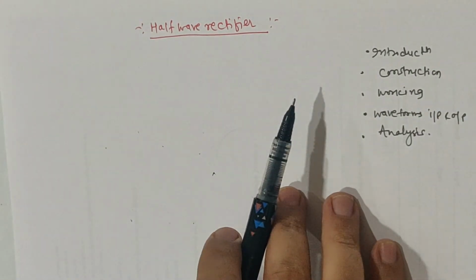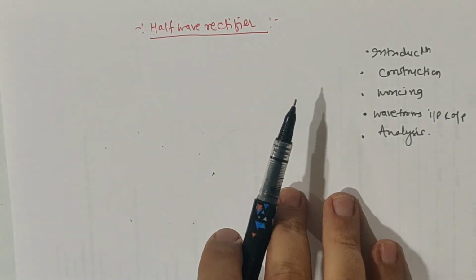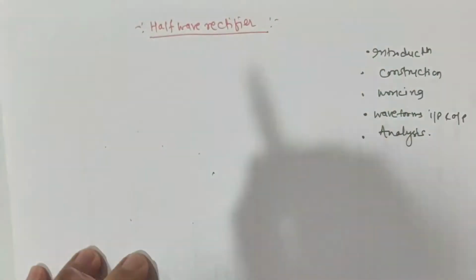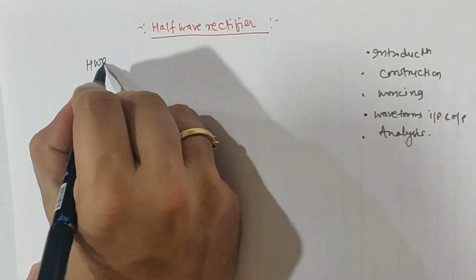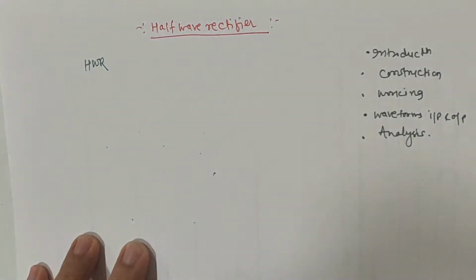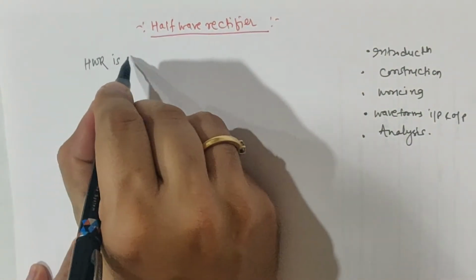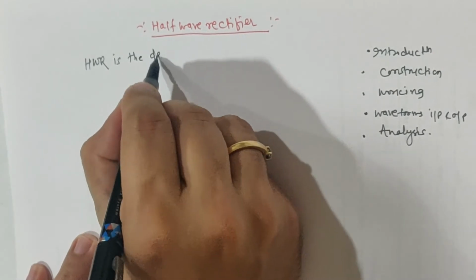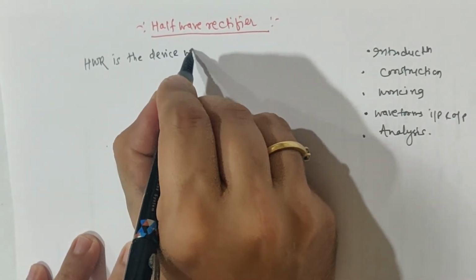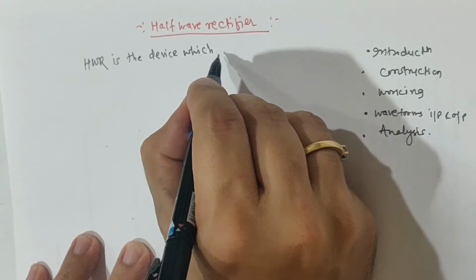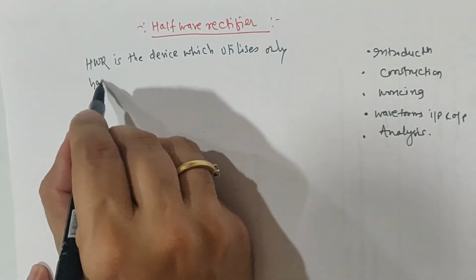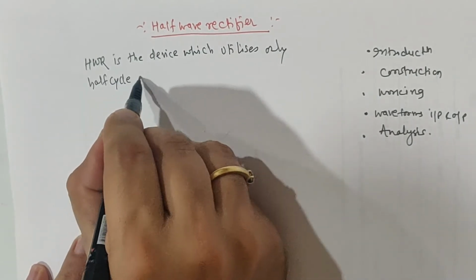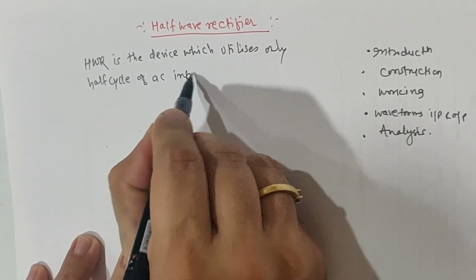Now what is the meaning of half wave rectifier and how it is used to rectify the AC input voltage? Now half wave rectifier, briefly abbreviated as HWR, is the device which utilizes only half cycle of AC input waveform.